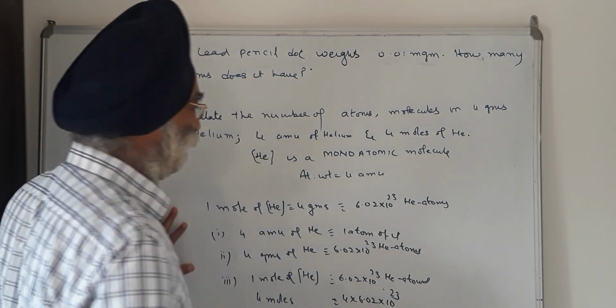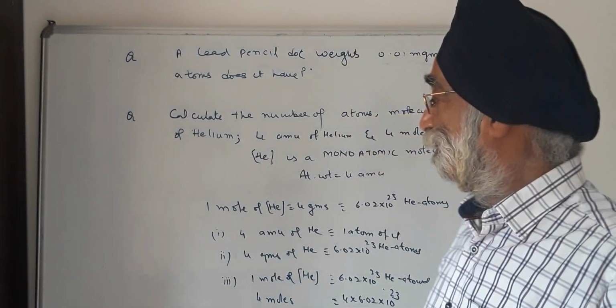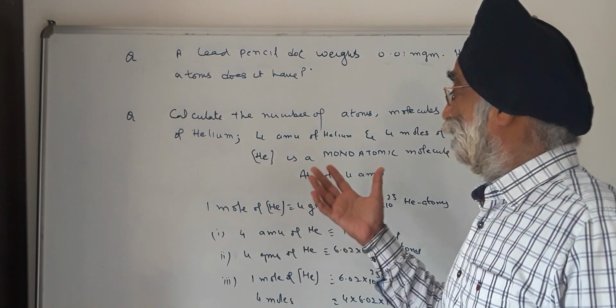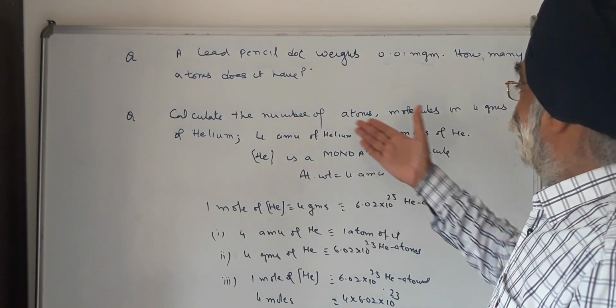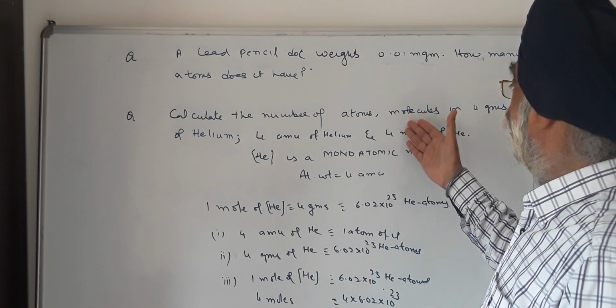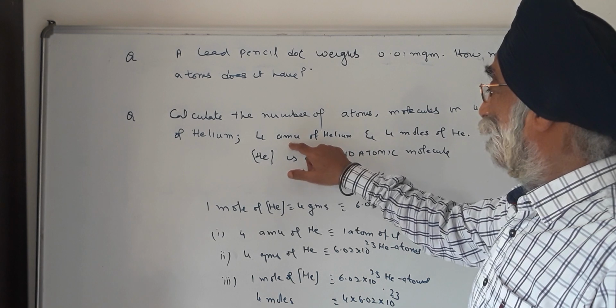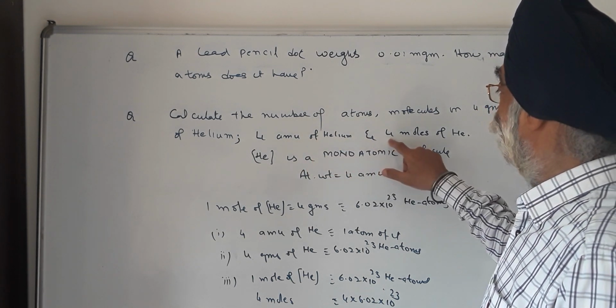So this is the solution of this question, which is all about helium. 3 different statements: calculate the number of atoms, molecules in 4 grams of helium, 4 atomic mass units of helium, and 4 moles of helium.